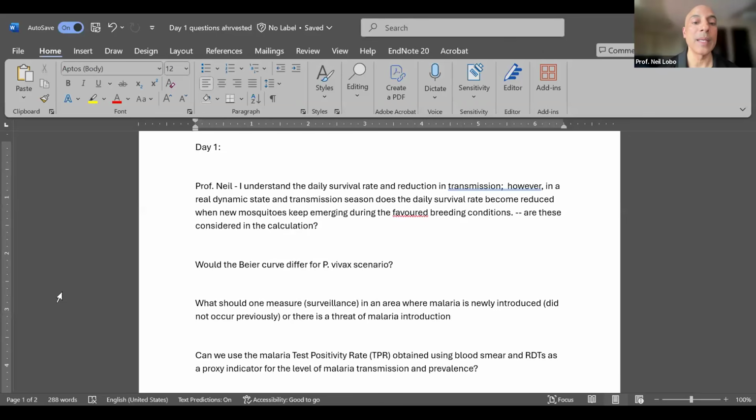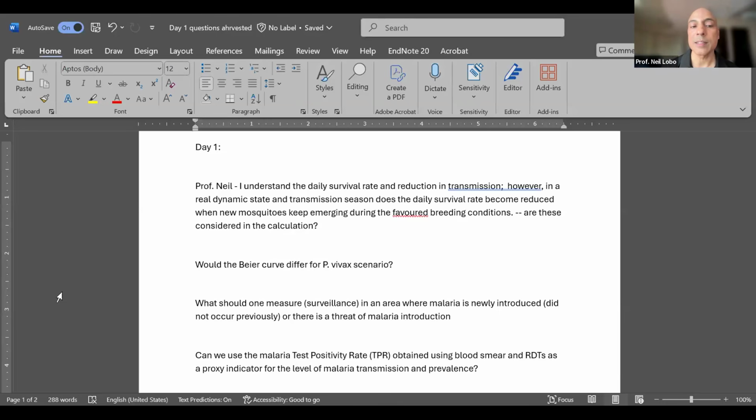But your point being that the daily survival rate might change based on season is quite possibly true based on, for example, the availability of predators or temperature going too high or things like that. So things can impact the daily survival rate.